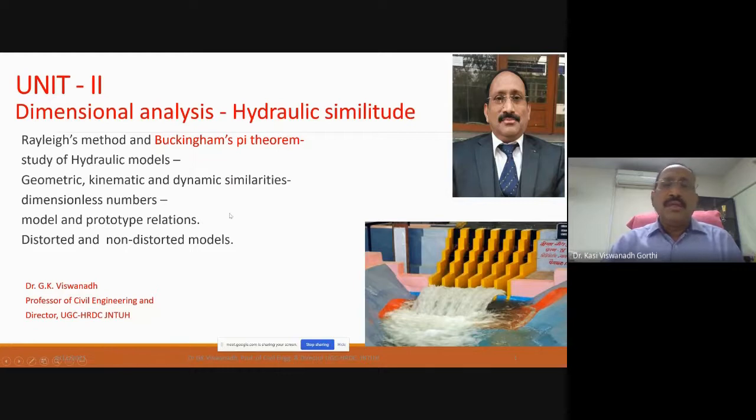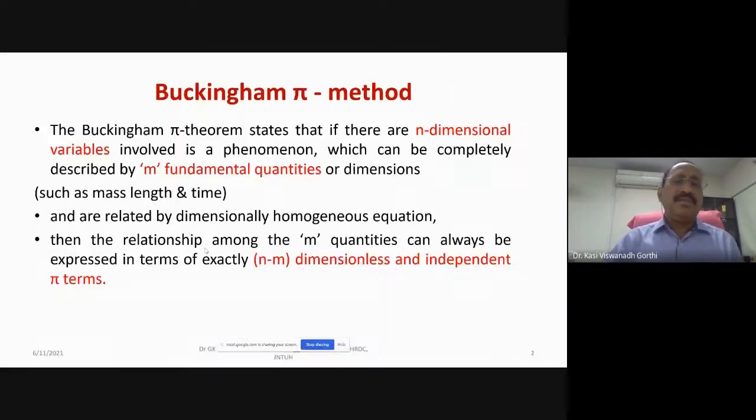This is how the Rayleigh's method has become a very powerful tool for getting the solution for several fluid flow problems. We took up two problems: one on the torque and the other on the discharge equation through an orifice. Today we take up the second method, the Buckingham Pi method, and try to compare these two.